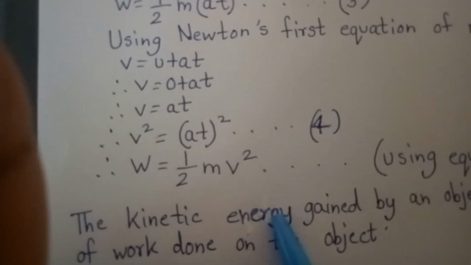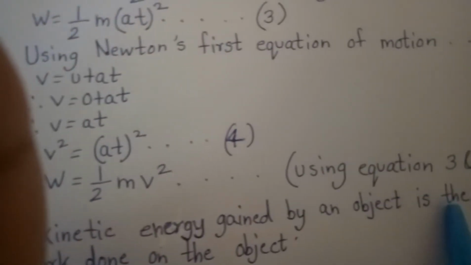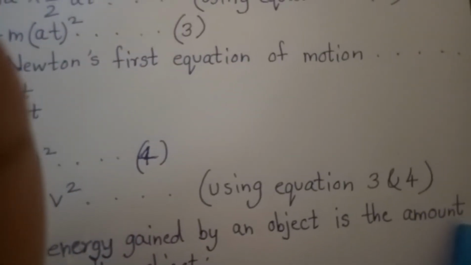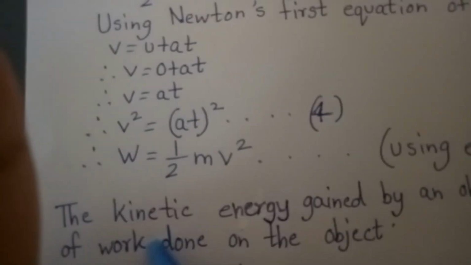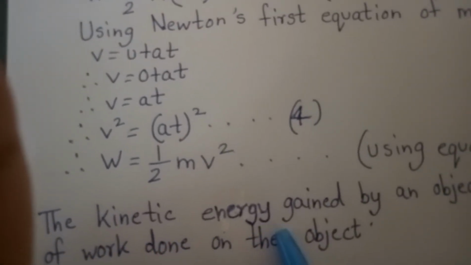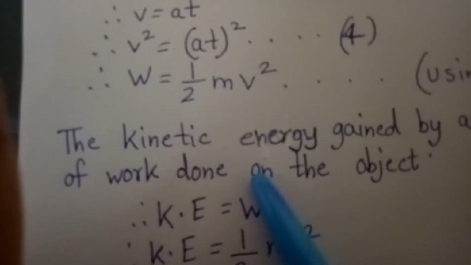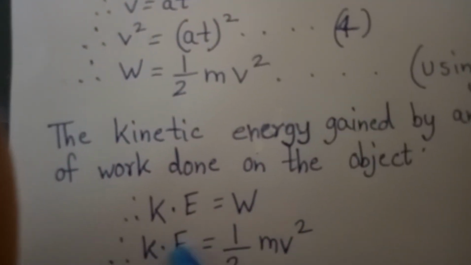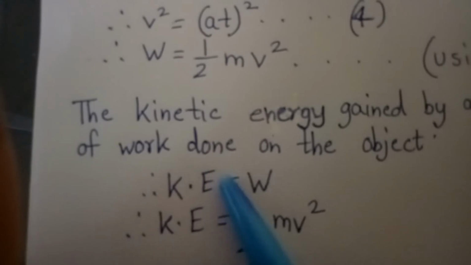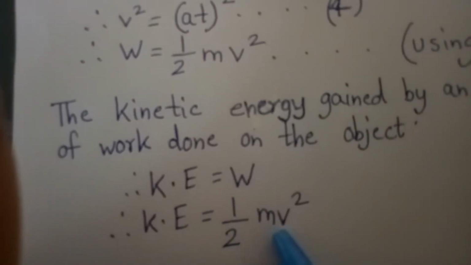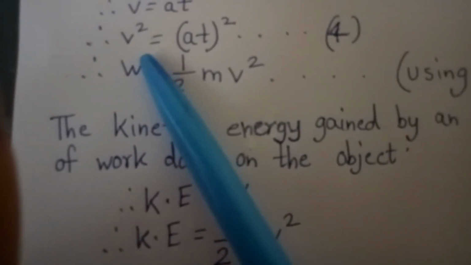The kinetic energy gained by an object is the amount of work done on the object. That is, kinetic energy itself is work. So kinetic energy is equal to half mv square, which we got here.